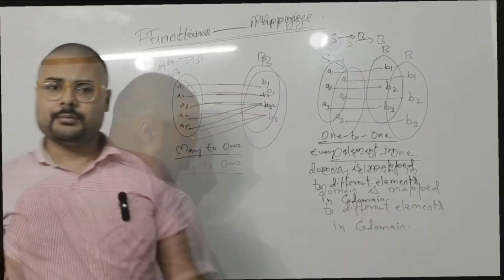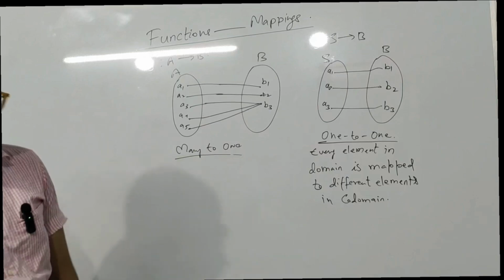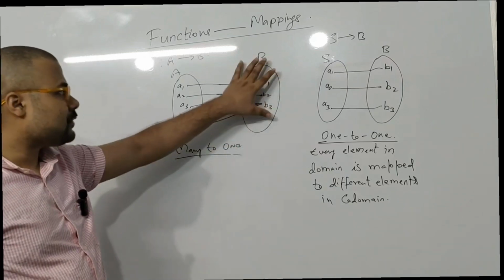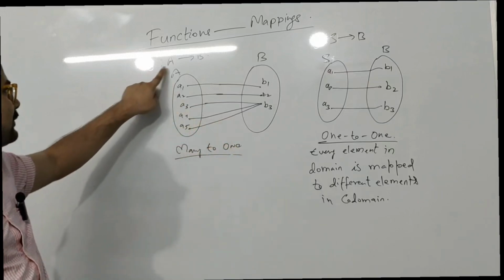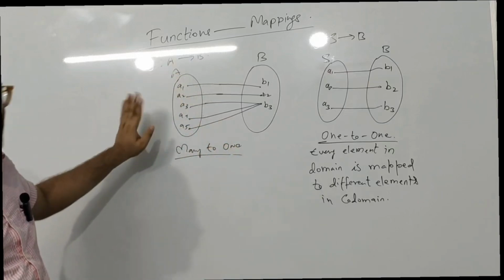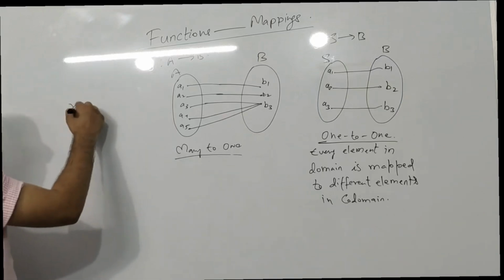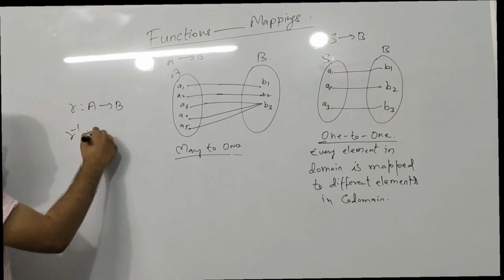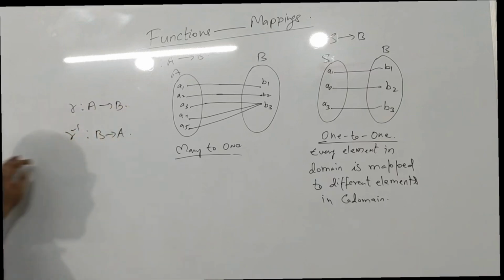We have seen what a relation is and what the inverse of a relation is. The inverse of a relation is nothing but when the elements of B become the first element in the ordered pair. So if any relation R is from A to B, then R inverse is from B to A. We know that.